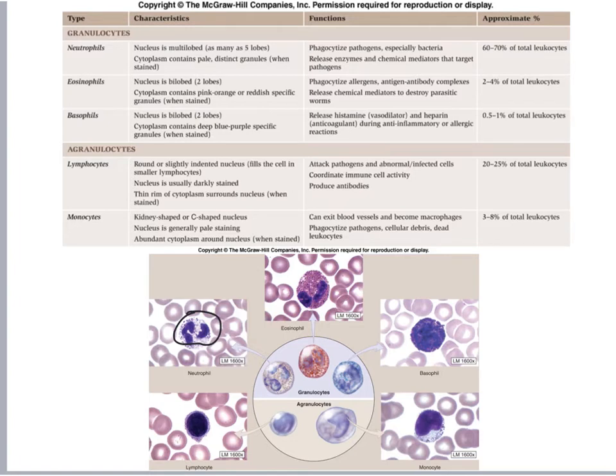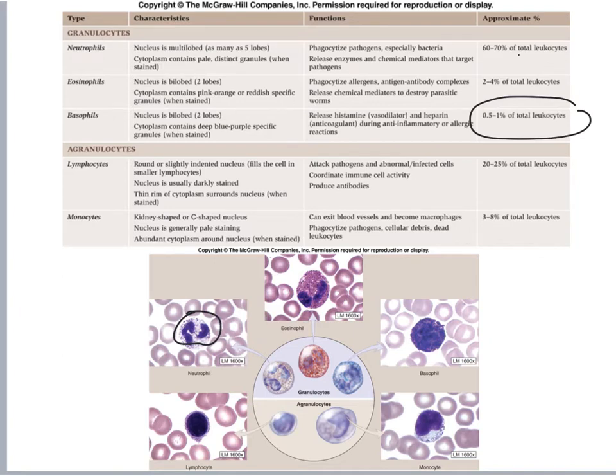And we identify all of our white blood cells based upon the nucleus and the color of the white blood cell itself. So the order of the most abundant white blood cell to the least abundant are neutrophils, lymphocytes, monocytes, eosinophils, basophils, in that order, with neutrophils being the most abundant, somewhere between 60 to 70% of all white blood cells, and then the most rare ones are the basophils, 0.5 to 1% total.